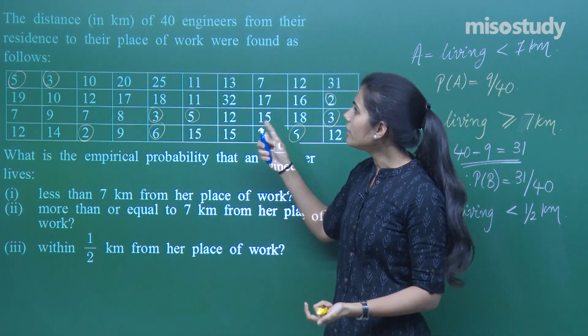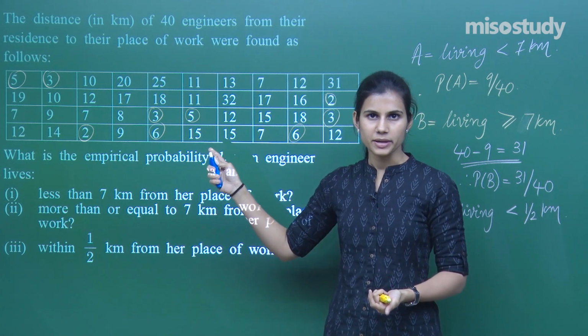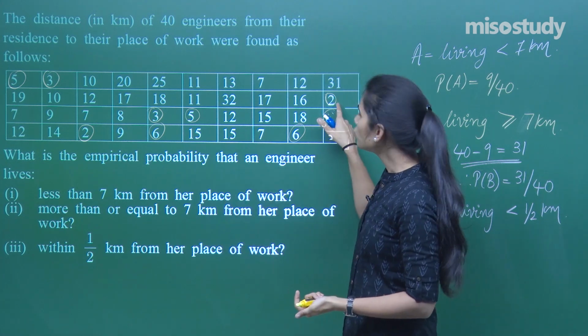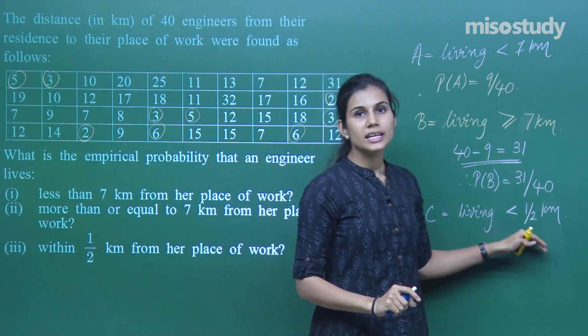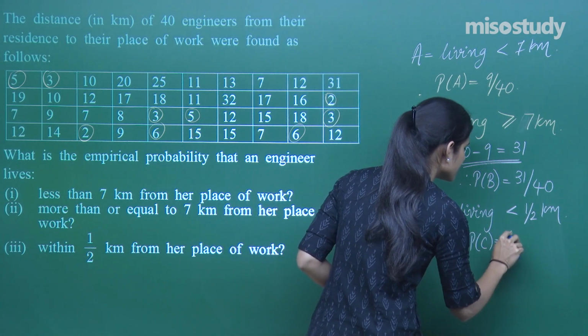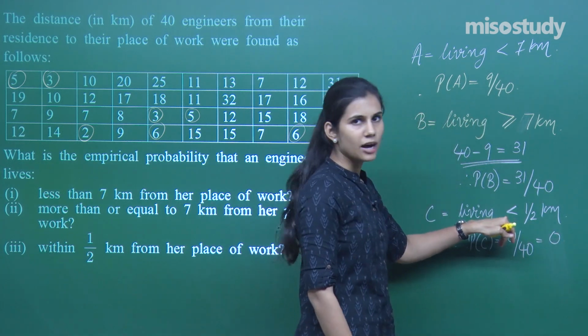No. There is no engineer whose distance from their workplace to their residence is less than half. The minimum is 2 kilometers, and therefore there is no engineer living less than half a kilometer away, and therefore probability of C is 0 upon 40.